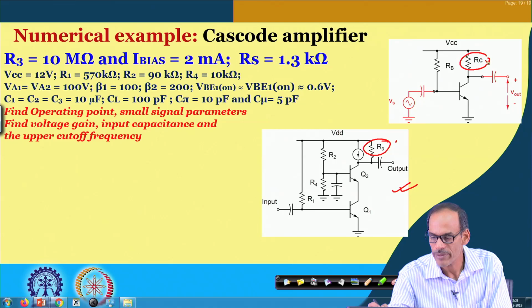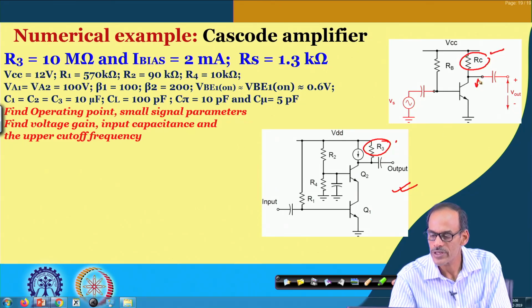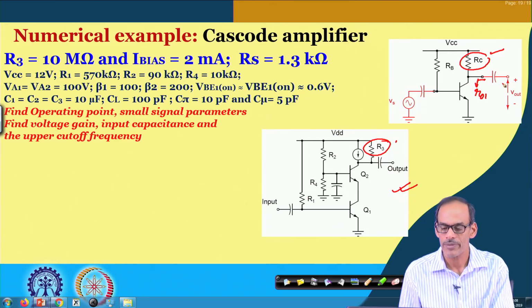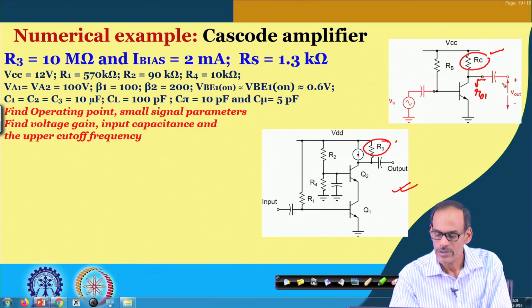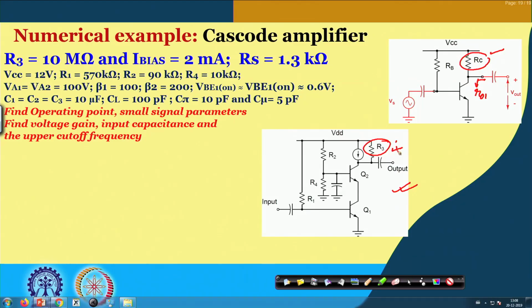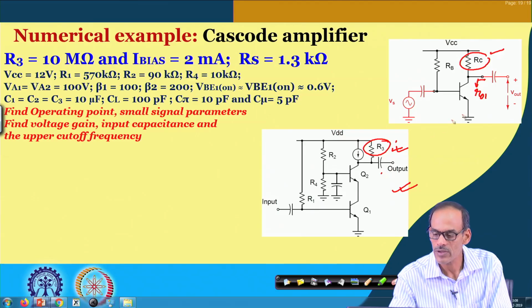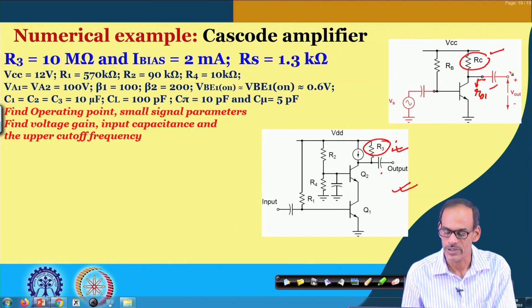In case you make this high, of course, then here the output resistance will be defined by RO of the lower transistor. Of course, that will also affect the upper cutoff frequency, but the way this circuit affects the upper cutoff frequency is quite severe compared to this cutoff frequency.